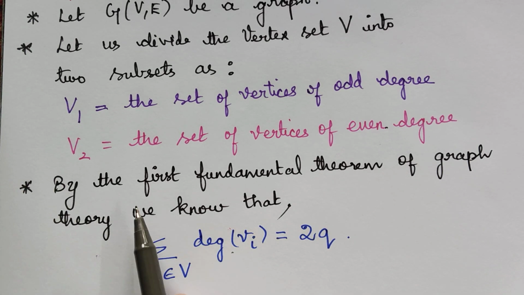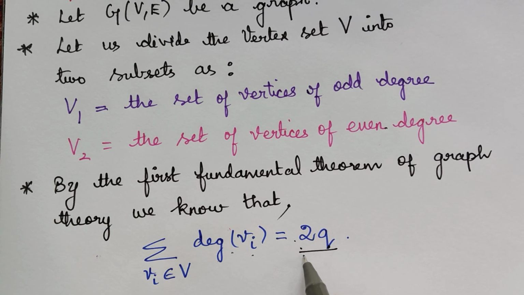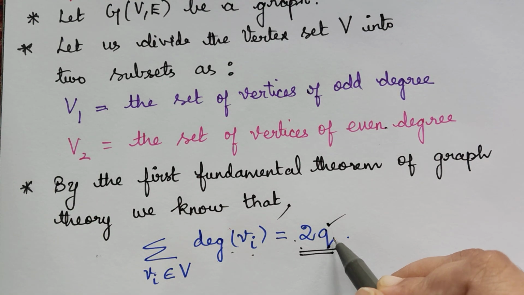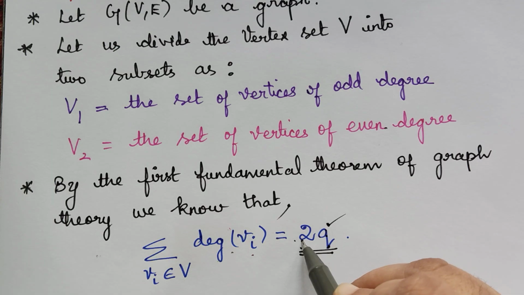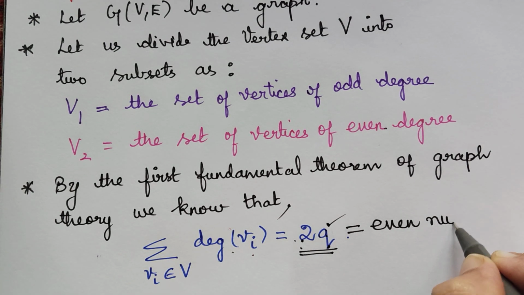So we have written the first fundamental theorem, that is, the summation over Vi an element of capital V, that is, for every vertex in capital V, if you sum up the degree, it is equal to 2q. Now from this we observe that the sum of all the degrees of the vertices is equal to an even number, because whatever the value q takes, if it gets multiplied by 2, obviously it will become an even number, isn't it?